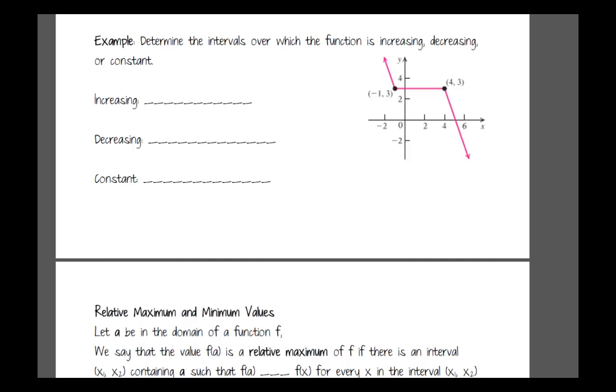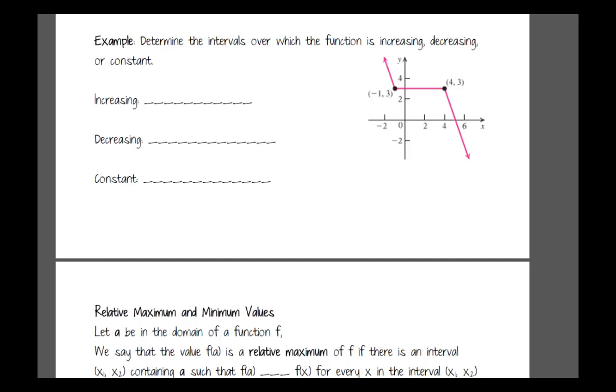So we want to look at this illustration and determine the intervals over which the function is increasing, decreasing, or constant. So when I look at this one, and usually I'll say this before we answer it, when we do this, we describe the intervals using the x values. Okay, so let's just start on the left side here.